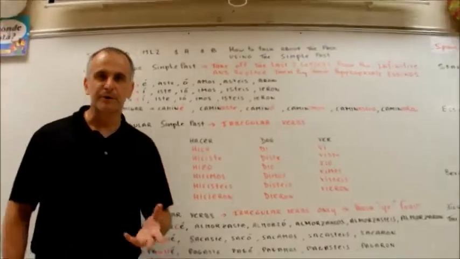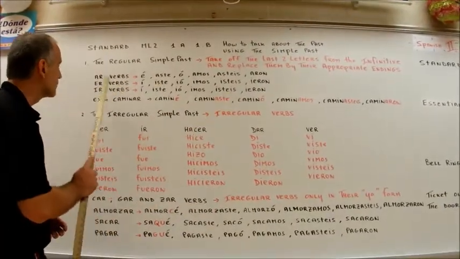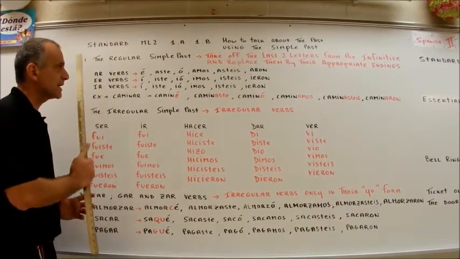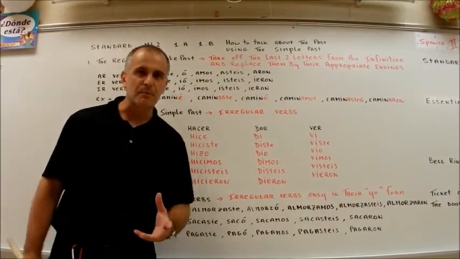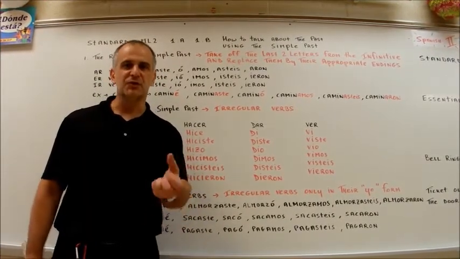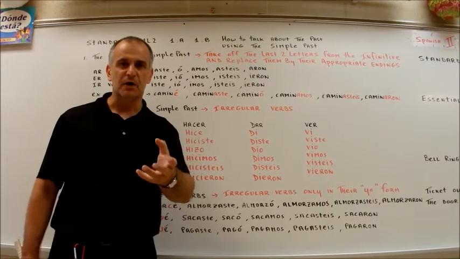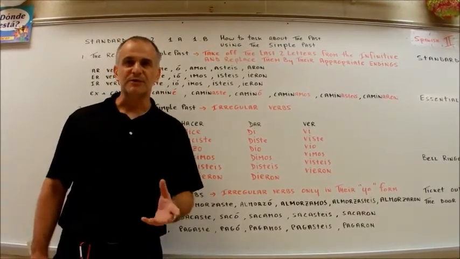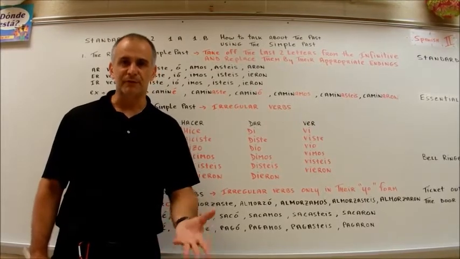When you talk about the regular simple past, you're going to number one up here. Now, when you talk about the simple past as being regular, you have to remember the golden rule. The golden rule tells you that you first go to the infinitive of the verb. I repeat, the infinitive of the verb, which is the basic form of the verb.